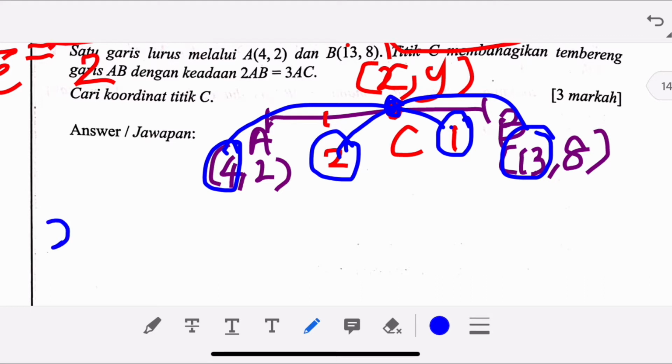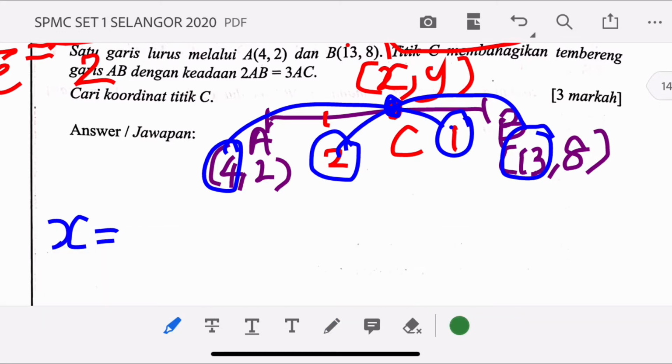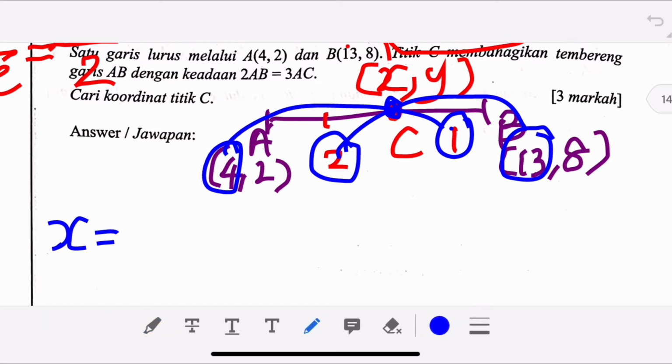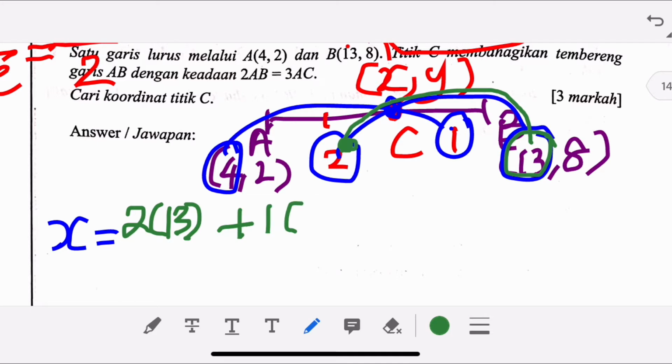So for x, let me show you how I cross this. The 2 needs to multiply the 13. 2 times 13 plus 1 times 4, divided by the total ratio, 2 plus 1, which is 3.